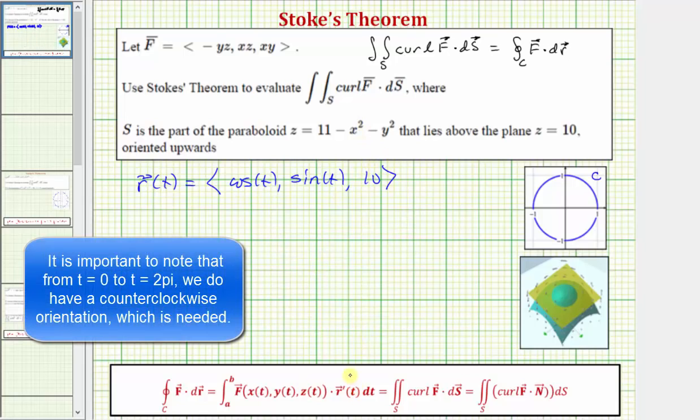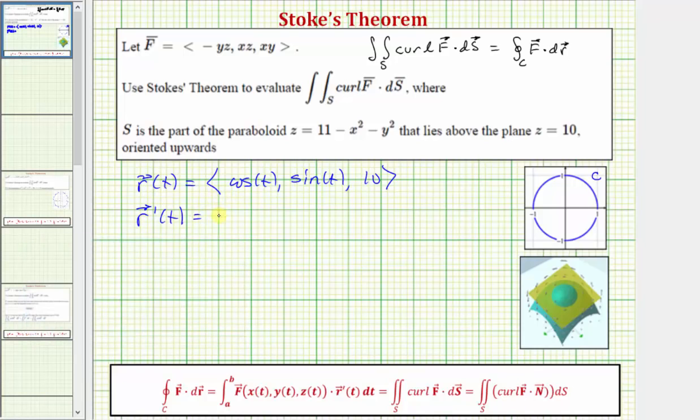We're also going to need r prime of t, so let's find that now. The components of r prime of t would be the derivative of the components of r of t. So the derivative of cosine is negative sine t, derivative of sine t is cosine t, and the derivative of 10 is 0. And then we also need to write the vector field F in terms of t.